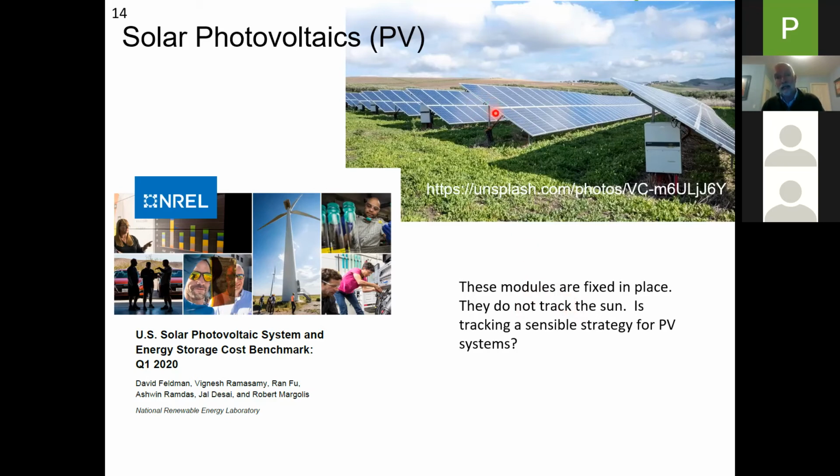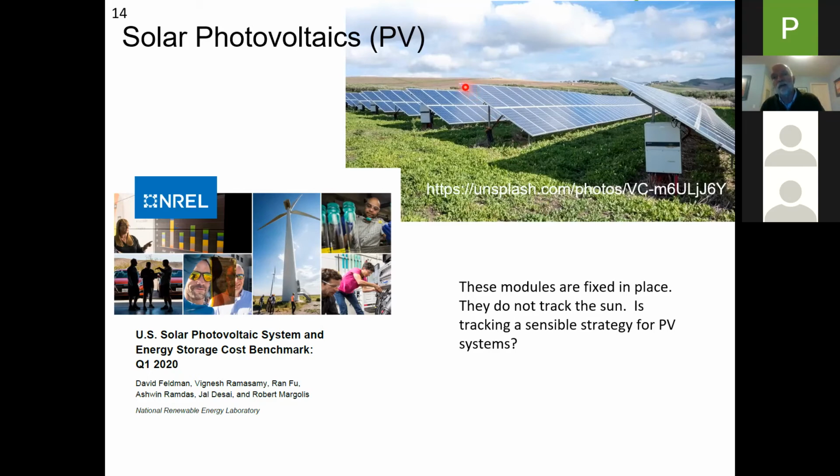If we add mechanical complexity to this system by changing the orientation of those modules as the sun goes over the sky, both daily and seasonally, do we get more power out of the system? And is the cost of getting that more power justified? There'll be some of the questions that we're looking at.